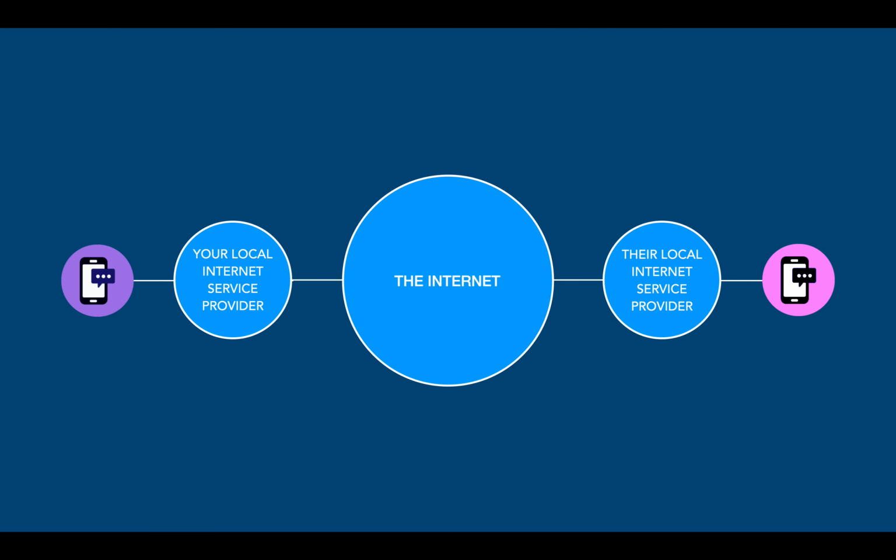The ISP will then send it across the internet to an IP address. That's the location of a computer somewhere else in the world. We don't commonly use IP addresses because they're far too complicated to remember. So we have a simple name that's given to an IP address called a domain name.